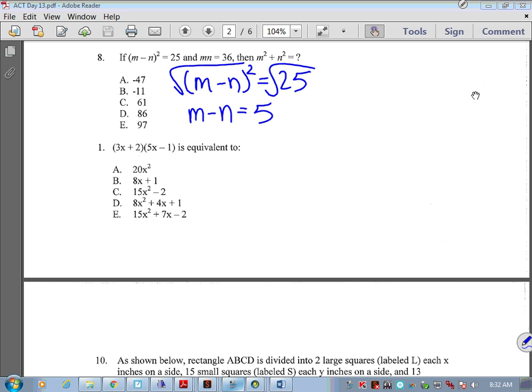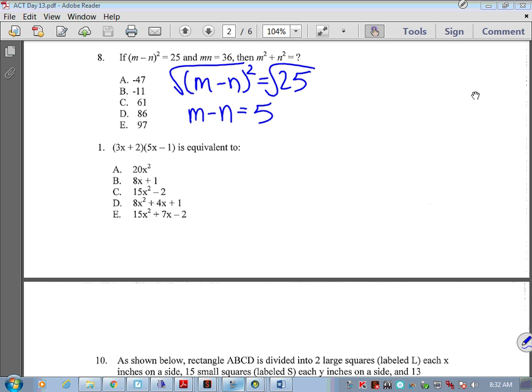Okay, so I have m minus n equals 5, but m times n equals 36. I'm looking for things that subtract to equal 5, but multiply to 36. So we could start off with like 6 minus 1 equals 5, right? But 6 times 1 equals 6, right?